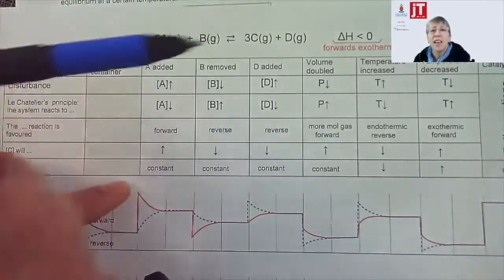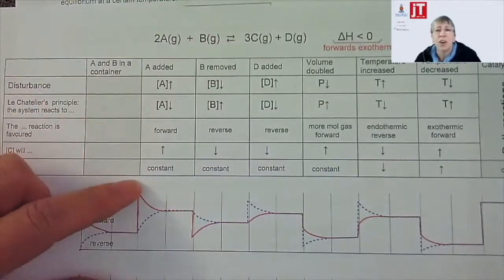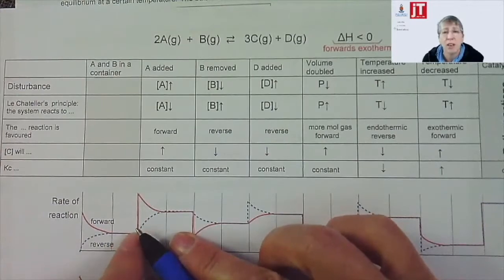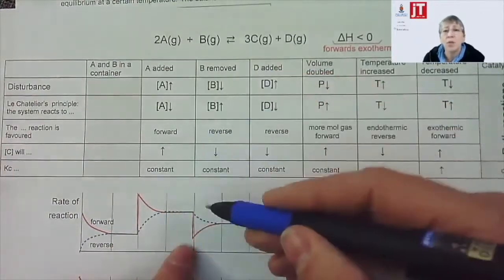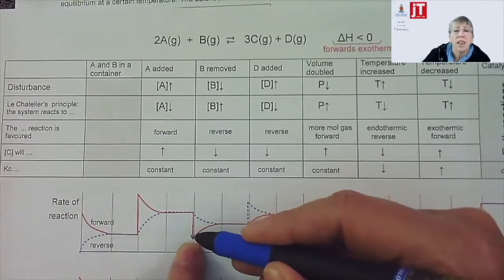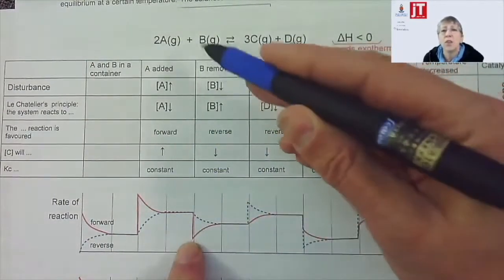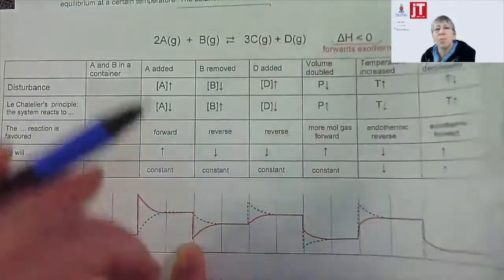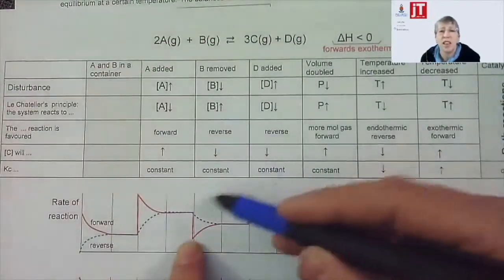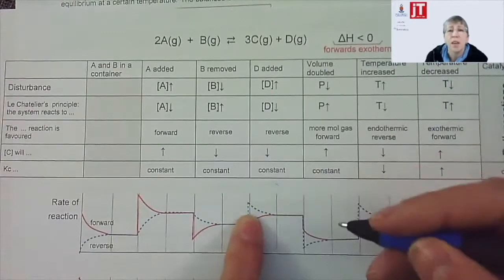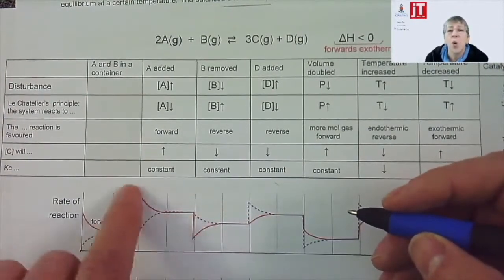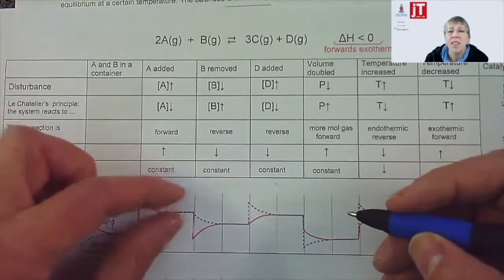I've added A2, that made the forward reaction faster, but at that moment the reverse reaction was not influenced. When I removed something, the rate of one of the reactions was negatively influenced. If I remove B, there's not as many particles to do the forward reaction, and then the forward rate dropped.